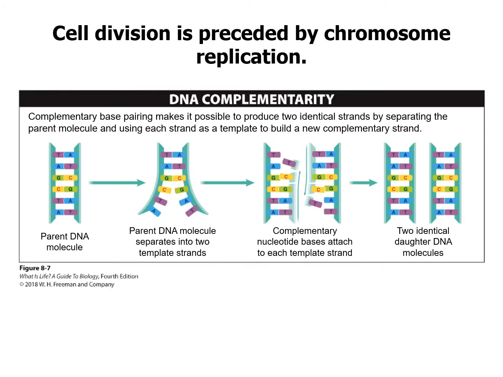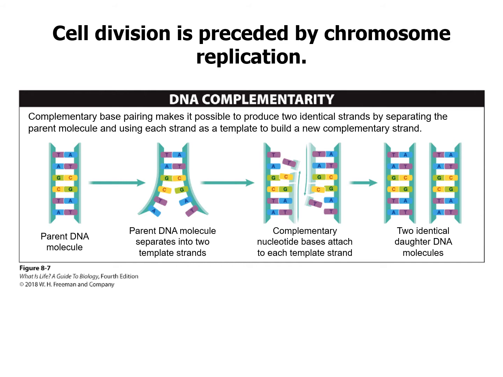So here is the process of making a copy of our chromosome, making an identical copy of our DNA. What this is called is DNA complementarity. And essentially what I want you to know, and I'd maybe write this down if you're taking notes, is that the bases on one strand will always have the same pairing partner on the other strand.